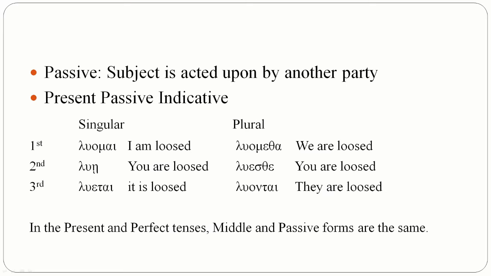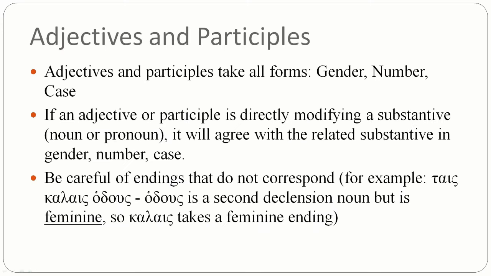You only have to memorize one set of forms. It is a bother for translation because you come to one form, it could be middle or passive, and you have to try both of them. That takes care of voice, and we'll be speaking a lot more about that as we get to the second quarter, I believe.